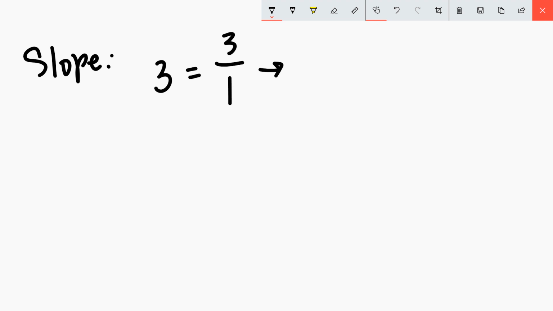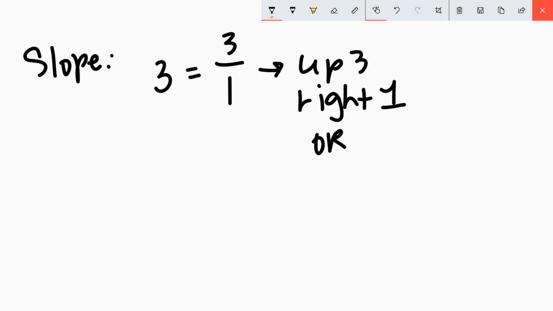This means you would go up 3 and right 1. Because it's a positive slope, a positive 3, you're going to go positive directions. Vice versa, we could go down 3 and left 1.